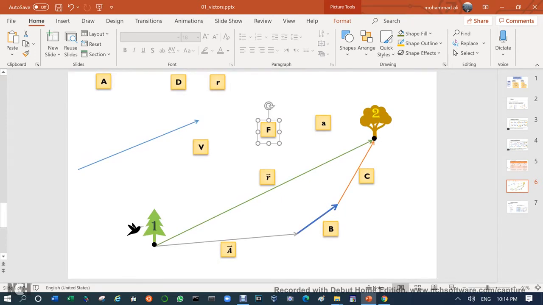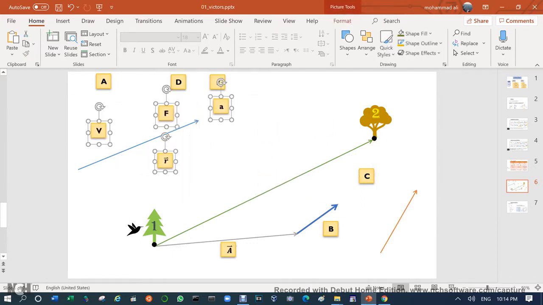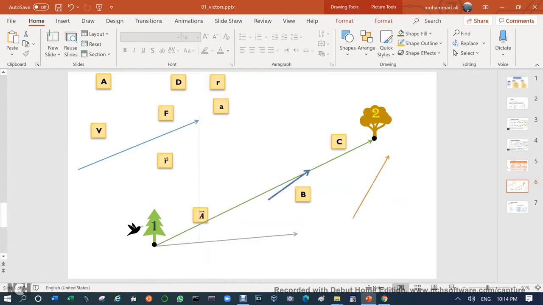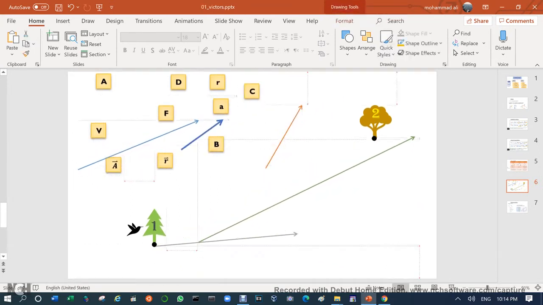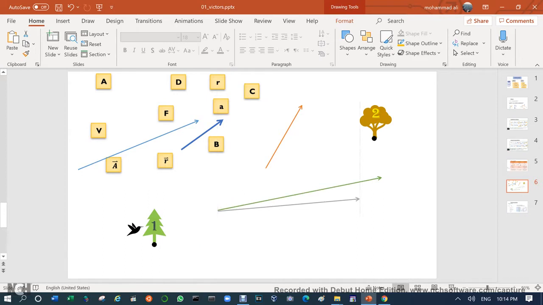If we add two equal vectors together, look here, please. We have this vector and this.